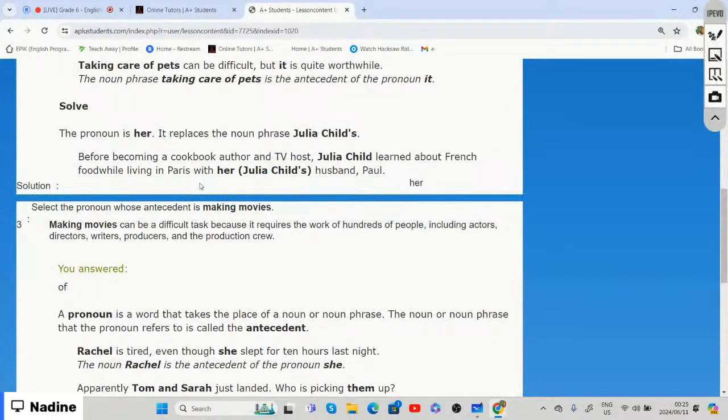All right. We need to select the pronoun whose antecedent is making movies.